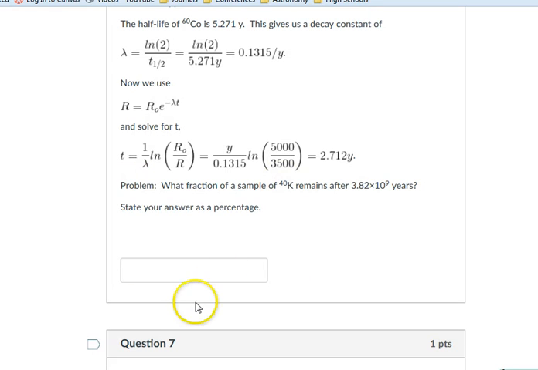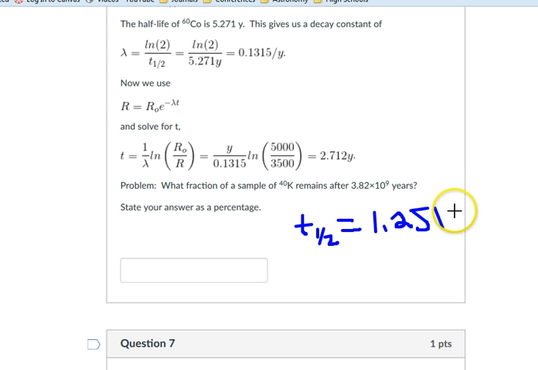Well, now we know the half-life, right? So we know T sub 1/2 is 1.251 times 10 to the 9th years. From the half-life, we figure out lambda, right?